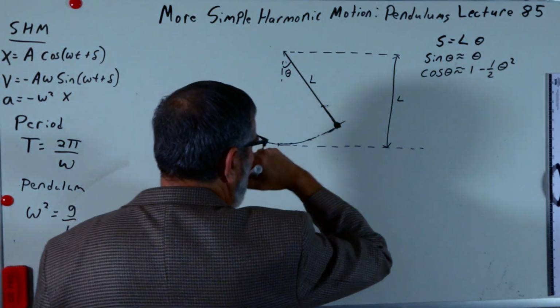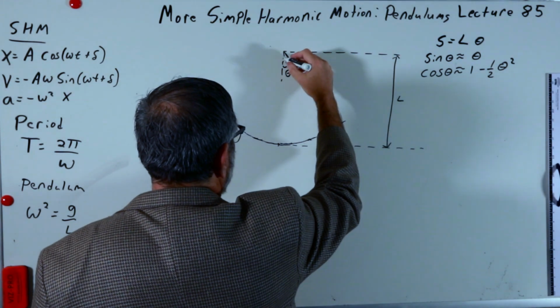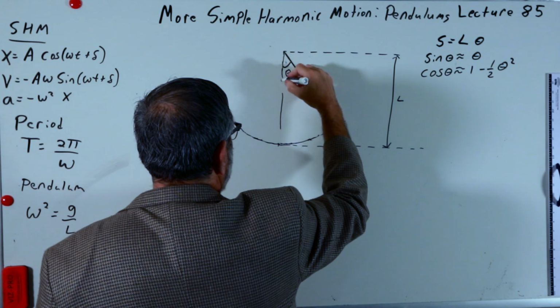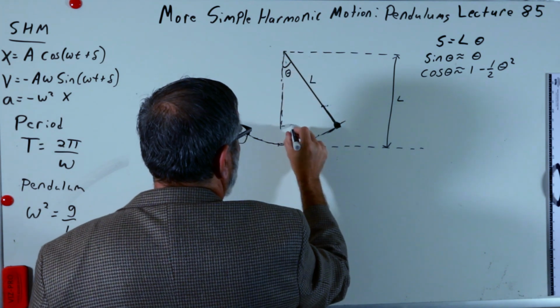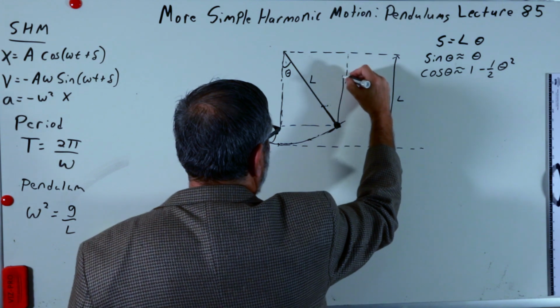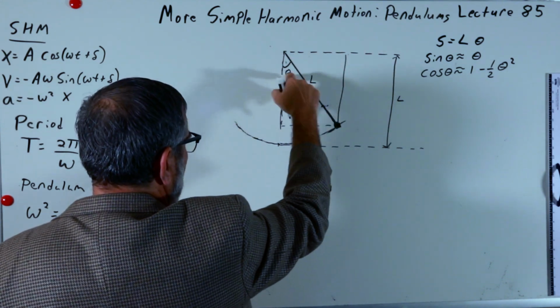Now what about this distance here? It's the same thing as this distance over here. It might be easier to see it here. It's the same though. So what is this distance here? Well, it's the same as this. That's just L times the cosine of theta.